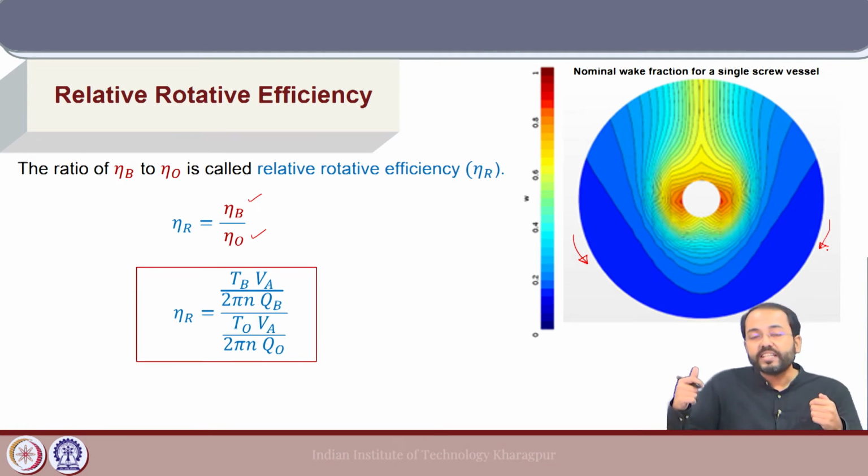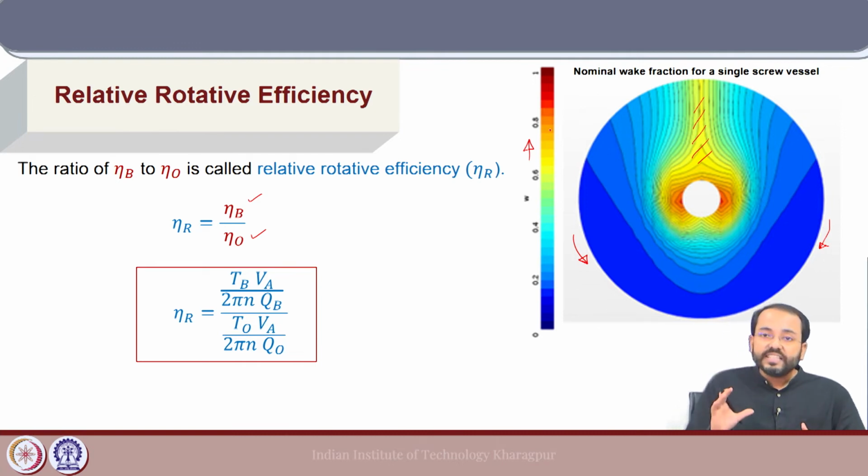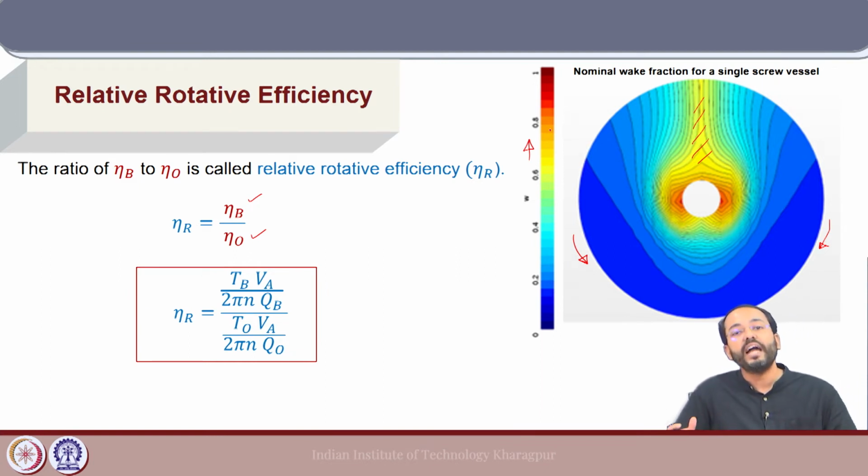So, the wake fraction is high in the central region and in the vertical domain. The wake fraction value is high where the blockage effect due to the hull is maximum. So, this gives an idea of the velocity field which the propeller faces when it works behind a ship.